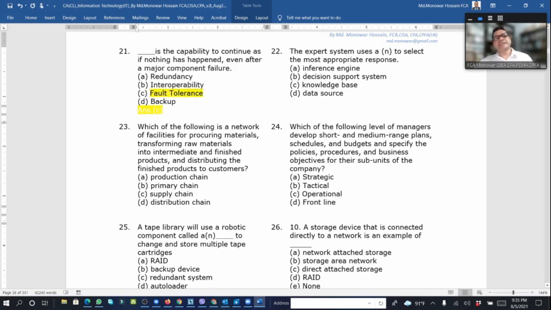Fault tolerance is the capability of continued operation as if nothing happened even after a major component failure. Then the expert system uses AI to select the most appropriate response. What would be the answer, sir? Inference engine.